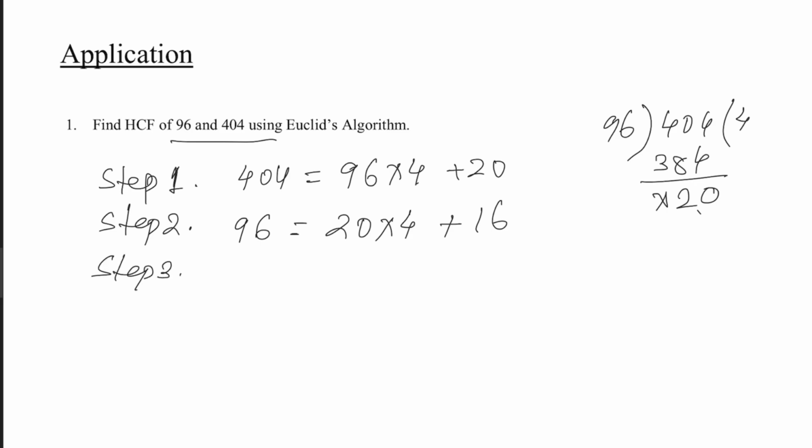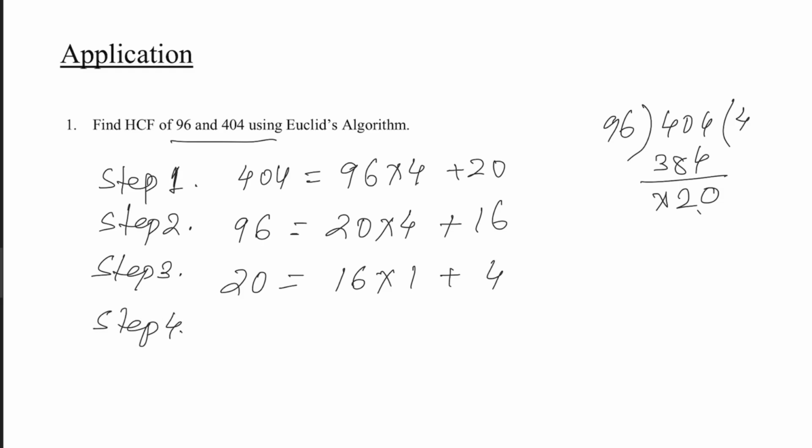In the third step, 20 is divided by 16, so 16 multiply 1 plus 4.